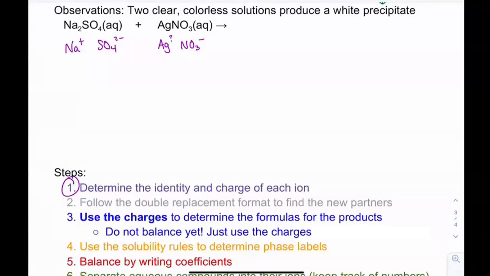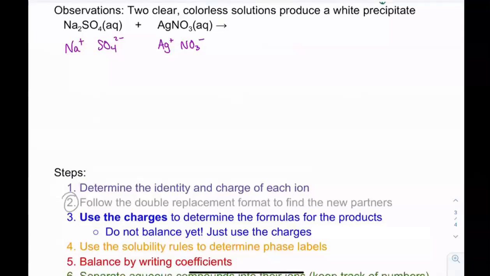So now I look and I see I have 1 of the nitrate ions in my formula. I have 1 of the silver ions in my formula. If the nitrate is -1 and there's 1 of each, then the silver must be +1. So I've done the first step and figured out the identity and charge of each ion.